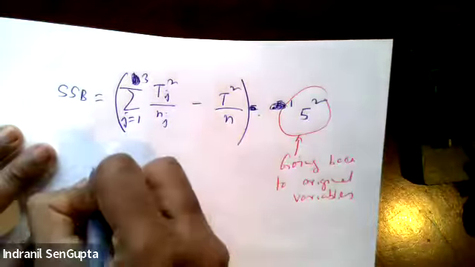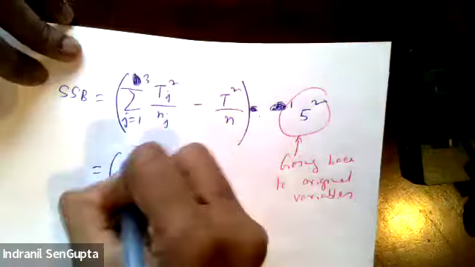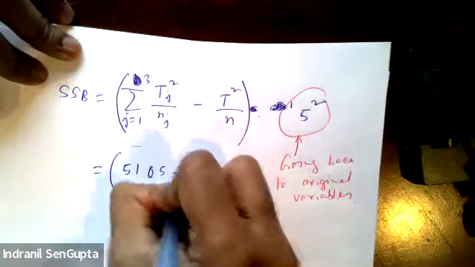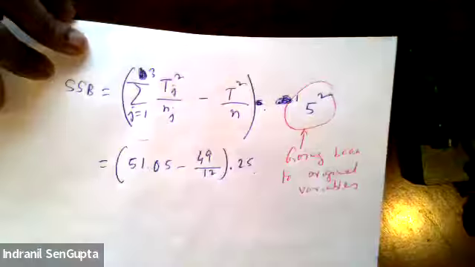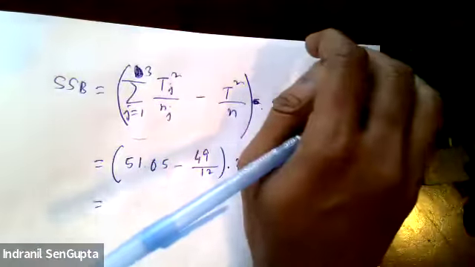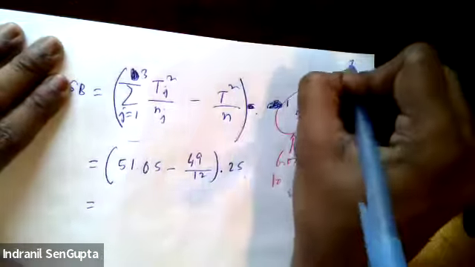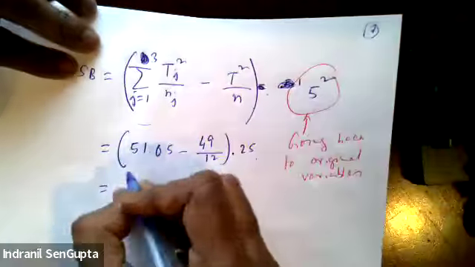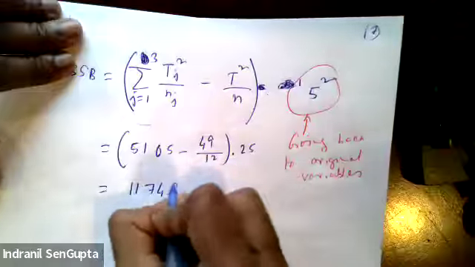Now, if you compute this, this number is 51.05, and this is 49 over 12 times 25. If you compute this, this is going to be 1174.92.